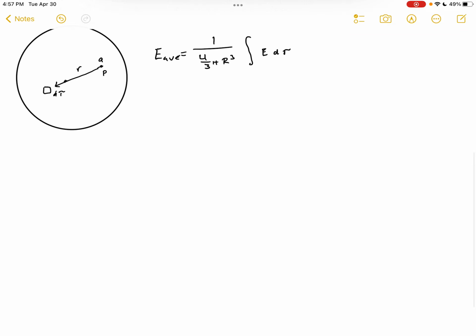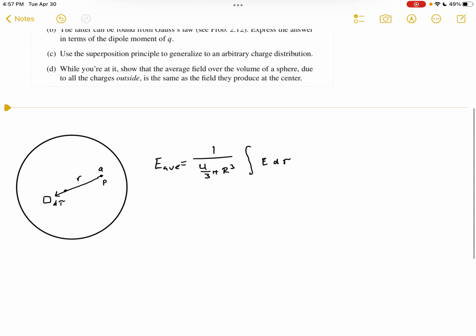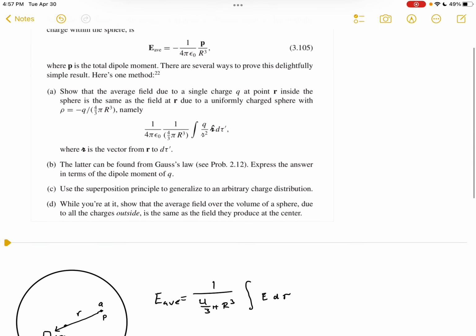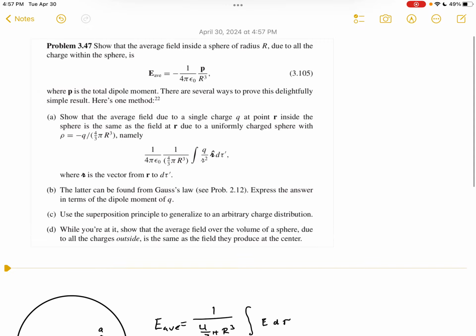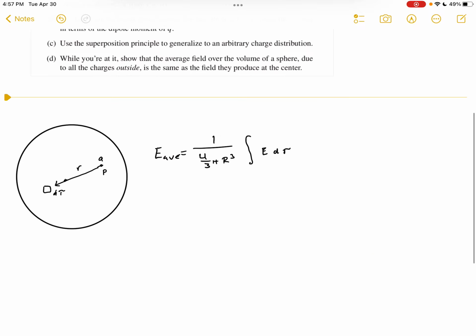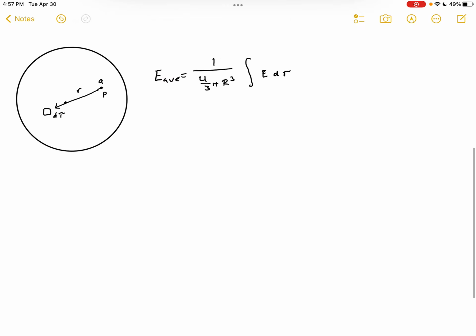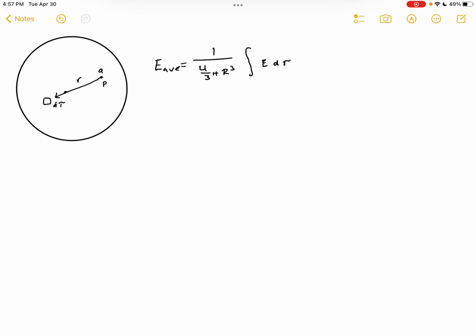So now we want to substitute the expression they gave us for E and solve.